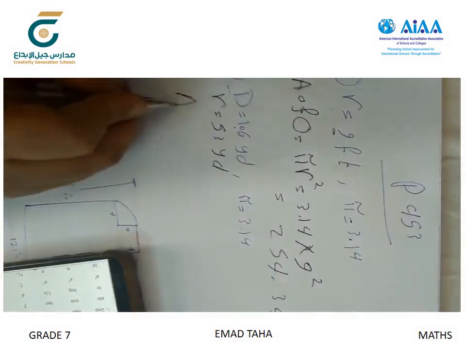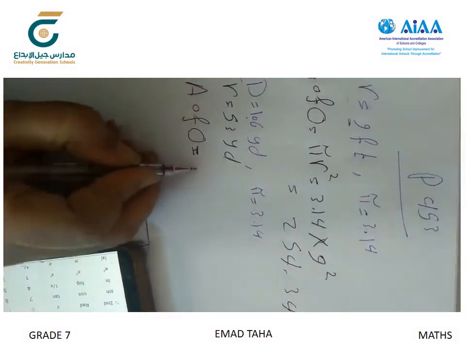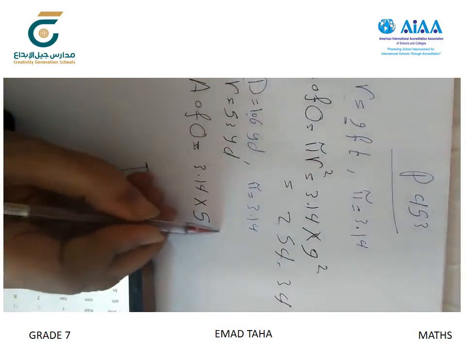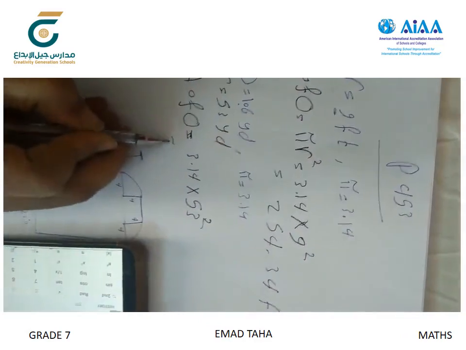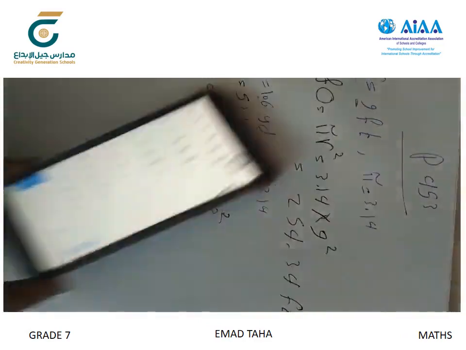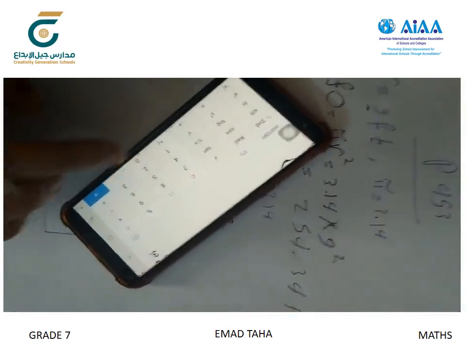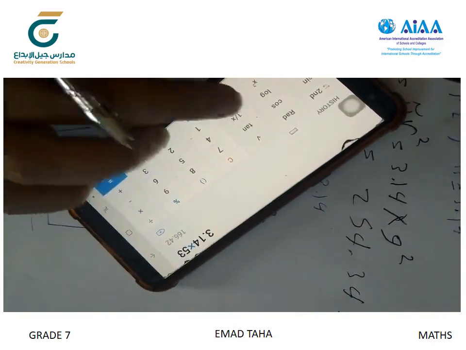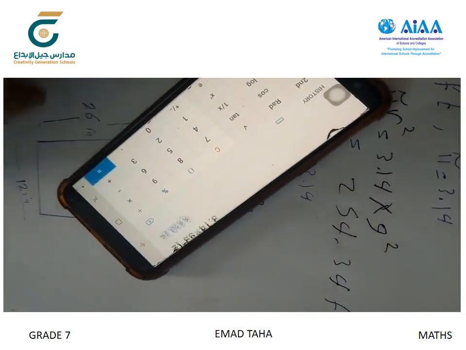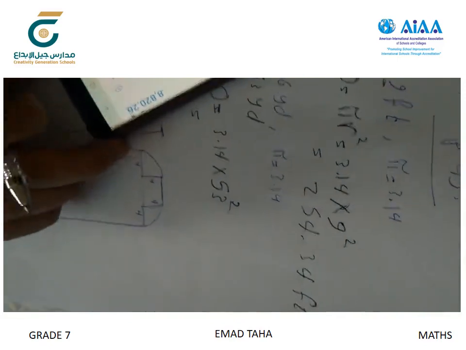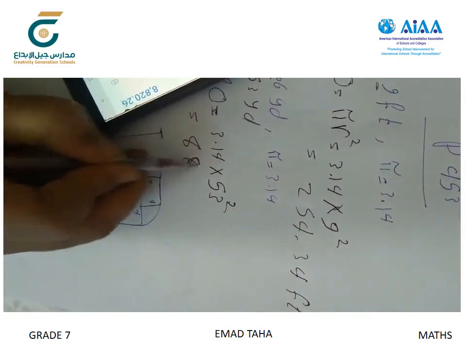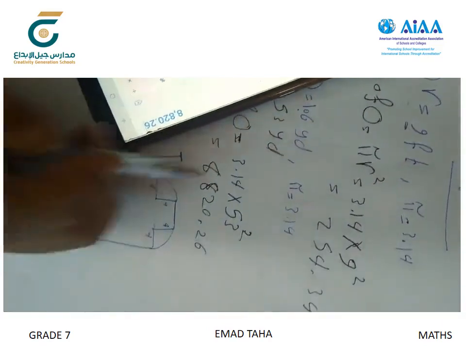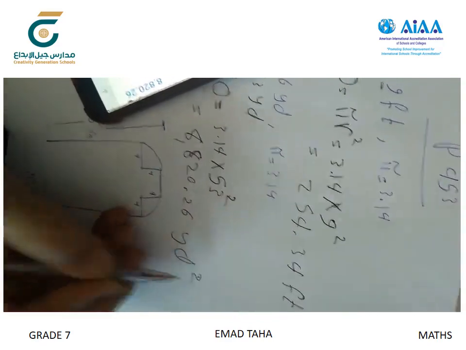So the area of the circle equals pi r squared, 3.14 multiplied by 53 to the power 2 equals 820.26. What's the unit? Yard, square yard.